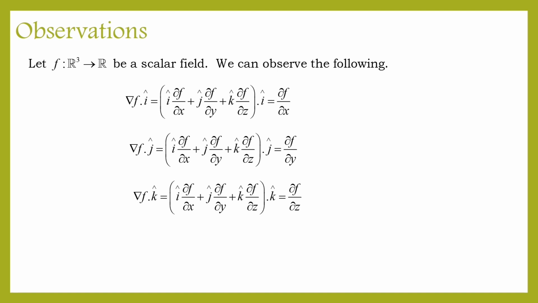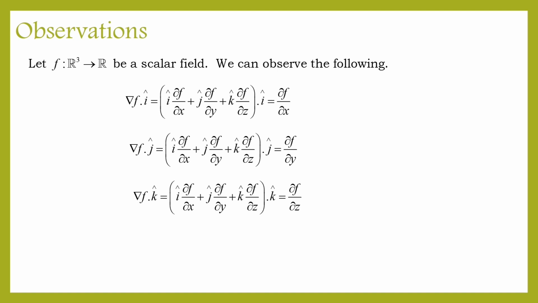What are these three? Dou f by dou x is nothing but the derivative of the given surface in the direction of the x-axis. That is given by del f dot i cap. We can say it's a directional derivative of the given surface f of x comma y comma z in the direction of the x-axis, namely in the direction of i cap.